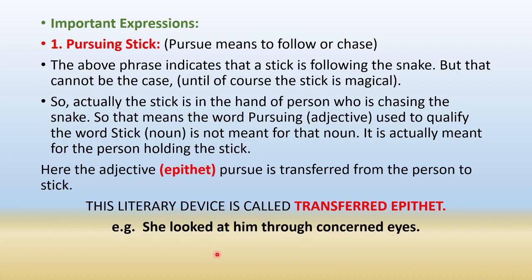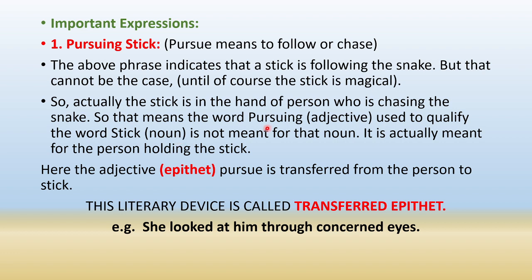Now the important phrases. Pursuing stick. Pursue means to follow or chase. So the phrase indicates that a stick is following the snake. But a stick cannot follow a snake, unless, of course, it's a magical stick, but it's not. Actually, the stick is in the hand of a person who is chasing the snake.